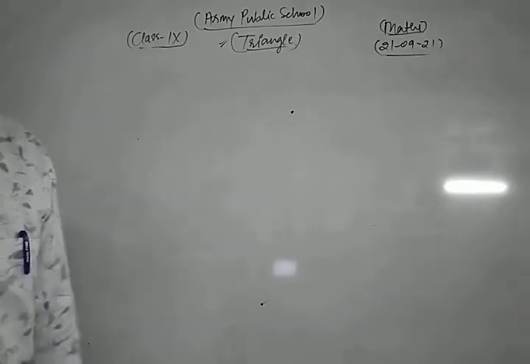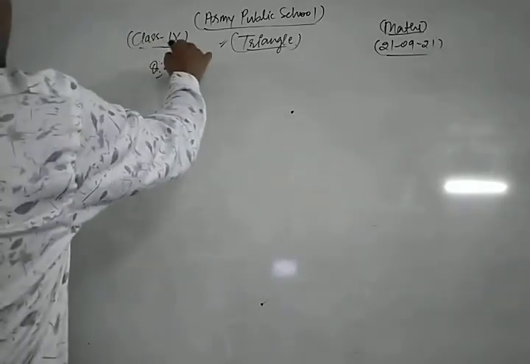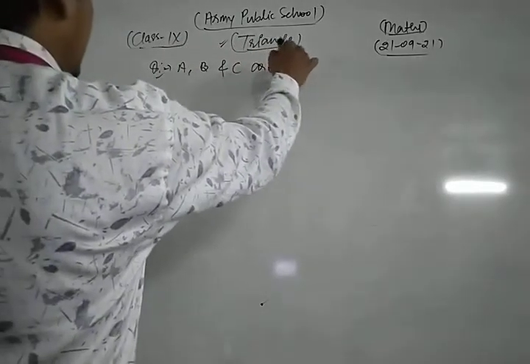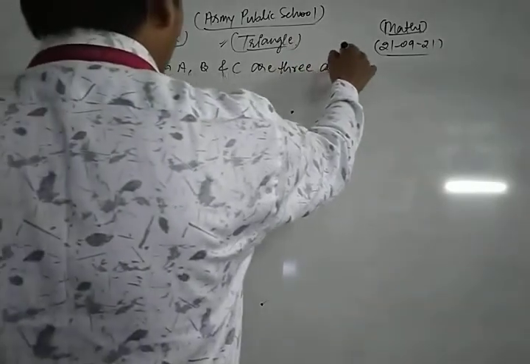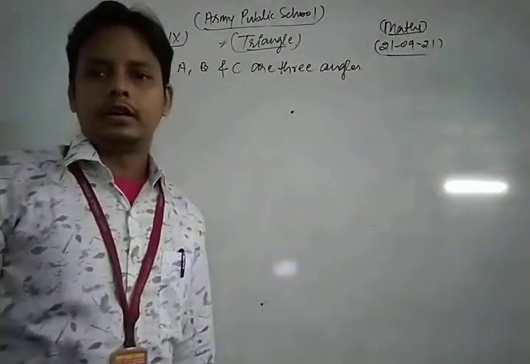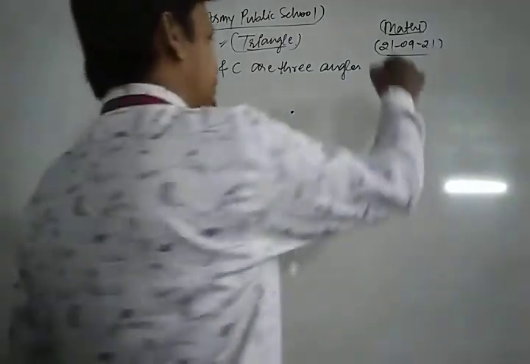The question is: A, B and C are three angles of a triangle.